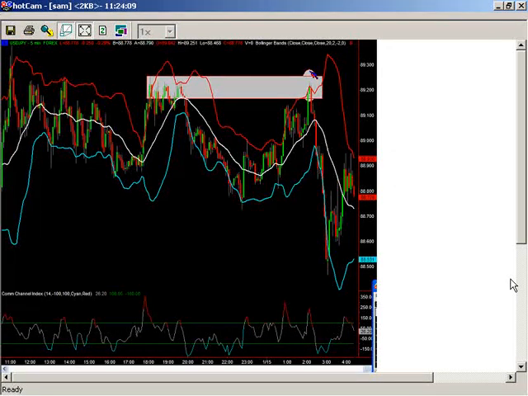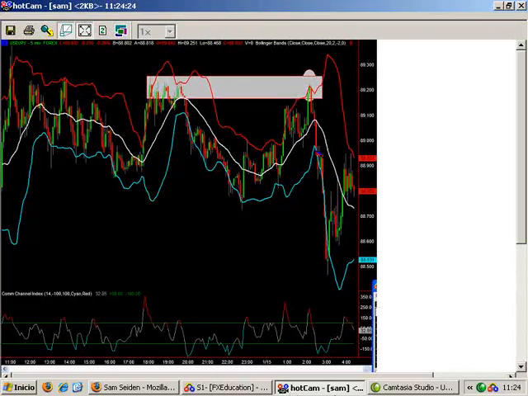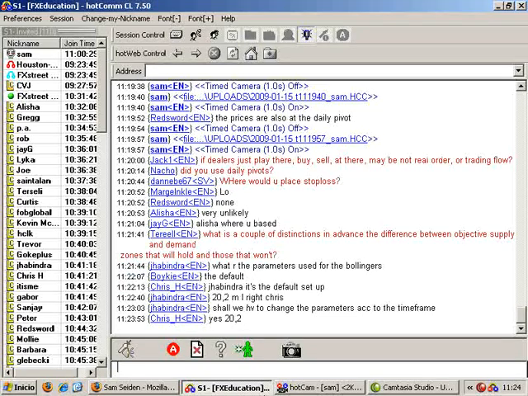For exits, you can use multiple exits. You can use the opposite Bollinger Band as target 1. And then you can also look to the left on the chart and find your nearest opposing demand level and use that as another target. What some people do is, once prices cross back below the midline, can everybody see my pointer here?